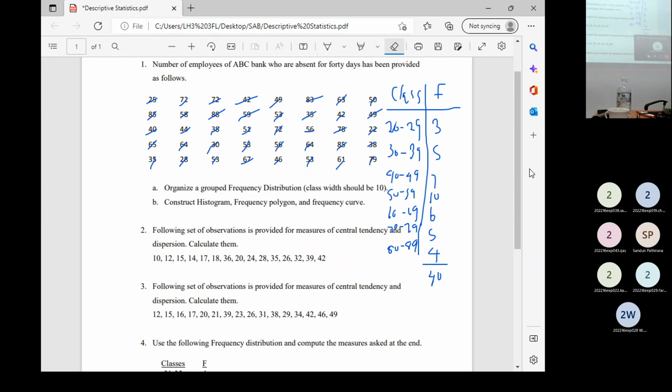Now, cumulative frequency distribution means cumulative frequency. From class to class, you add the frequency, that is cumulative frequency distribution. Cumulative. Right. Now we take cumulative frequency distribution.